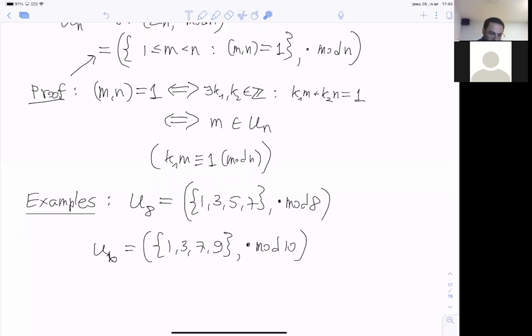For example, here, if we take 3, 3 squared is 9, but 9 is 1, so it cannot be a generator. I want to span all the elements using one generator. 5 also cannot be a generator, because 5 squared is 25, which is 1. Again, 7 squared is 49, which is 1. So this is not cyclic.